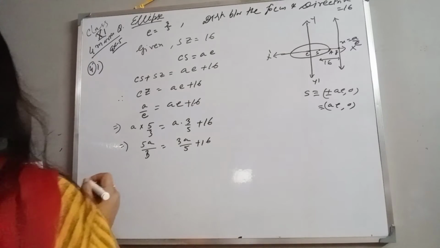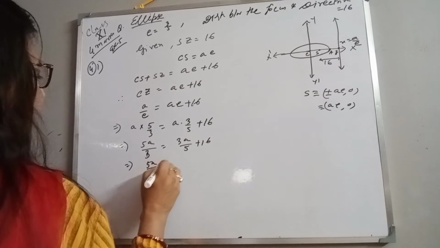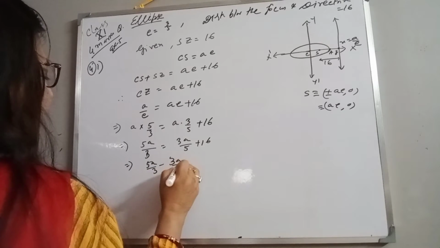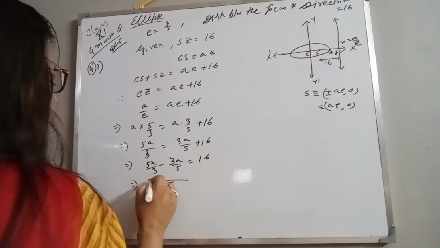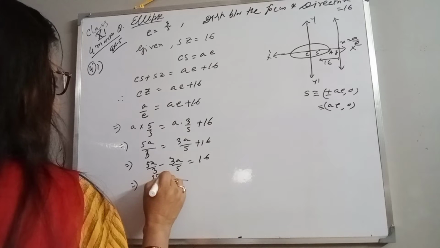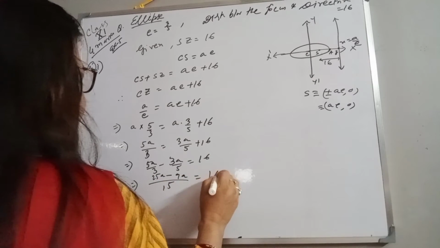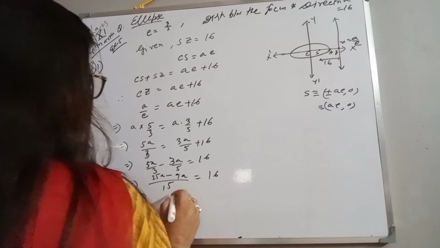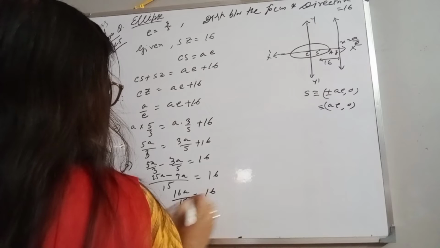So let us take 5a by 3 minus 3a by 5 is equal to 16. Taking the LCM 15, 5 fives are 25a minus 3 threes are 9a, that is 25 minus 9a, so 16a by 15 is equal to 16.